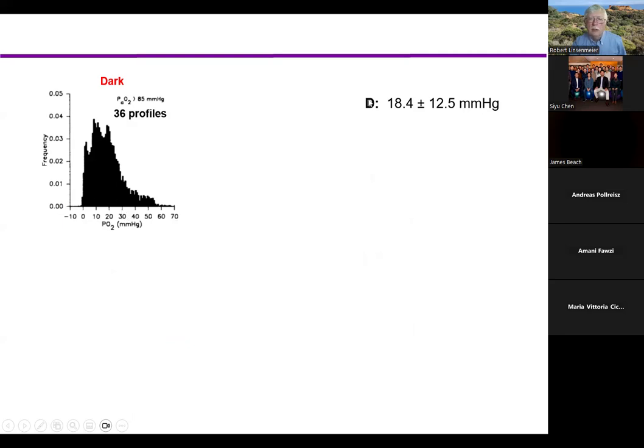The average here is 18.4 millimeters of mercury, but the PO2s cover a very wide range. So there's no single normal PO2 in the inner retina. It depends very much on how close the tissue is to a capillary. And so presumably all of these are normal.